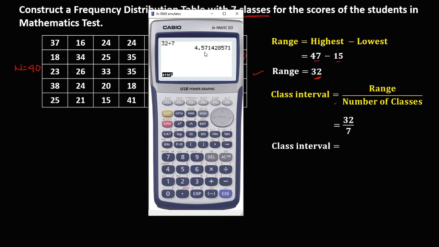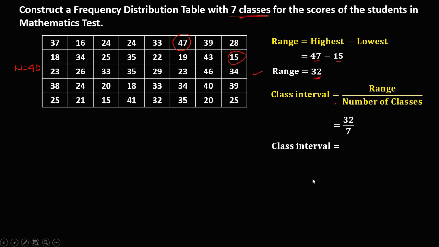If there is a decimal in the class interval, you need to round up, so 4.5 is equal to 5. The class interval is equal to 5.